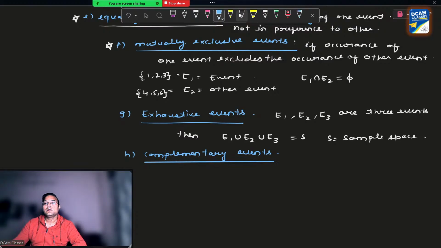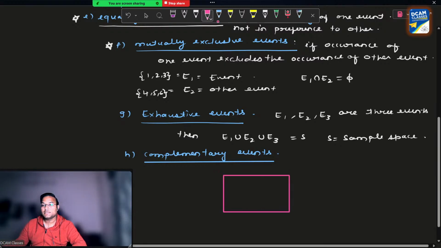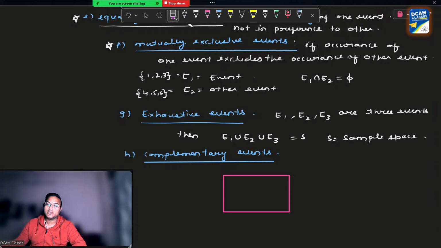If I have a set, some set P, and there is another set which is A. Now, what is A complement? A complement is written AC or A dash. It is P minus A.